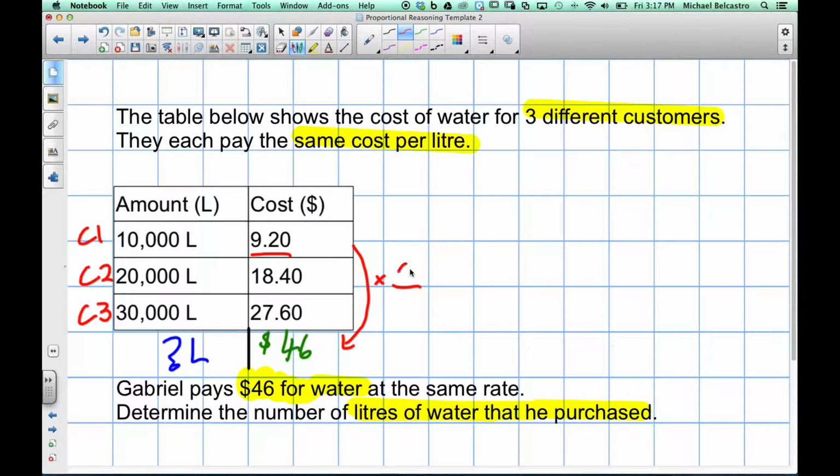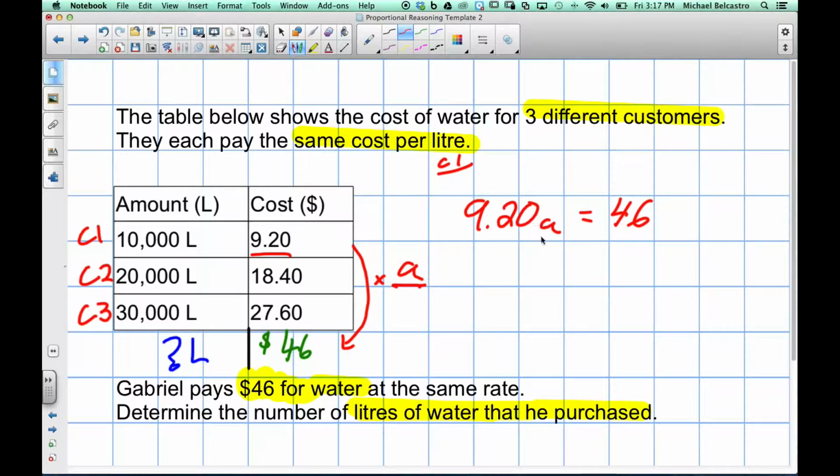And we'll call this variable, actually we won't call it x because the multiplication sign looks so very similar to it. We'll call this variable a in this case. So I'm going to set this up as an equation. This will be for customer number 1, the equation. We have $9.20 times a, so we write it as 9.2a, is equal to the $46.